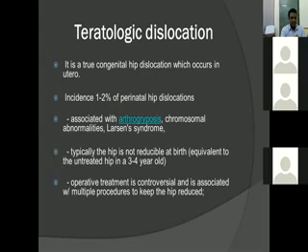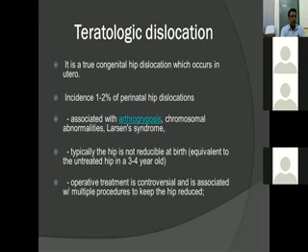Next, how do the babies present to the clinic? In the neonatal period, it can be identified only by Ortolani and Barlow's tests, and after 1 month of age, because of the contracture of the ligaments, one will identify limitation of abduction of the affected side, and maybe a Galeazzi sign and limitation of movements.